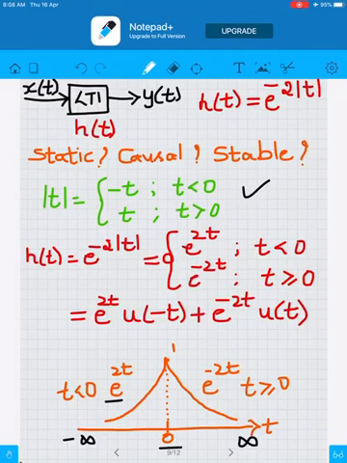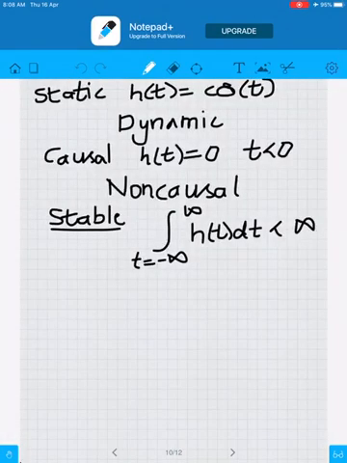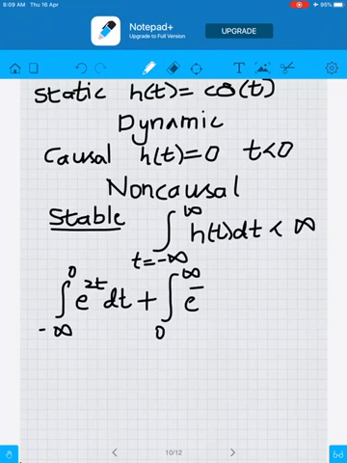So using this diagram, I can rewrite this as the integral from minus infinity to 0 of e power 2t dt, plus the integral from 0 to infinity of e power minus 2t dt.